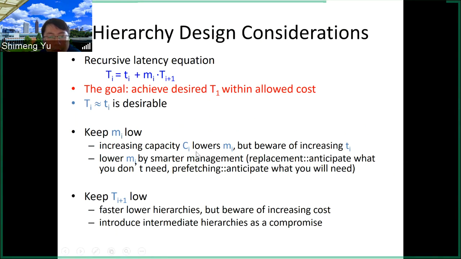So it's more likely you are going to find the data you want to use in this level. So the Mi will be reduced. But be aware of increasing the intrinsic access time for the level I. The reason is that if you have larger capacity, then you need longer time to locate the data in this level.